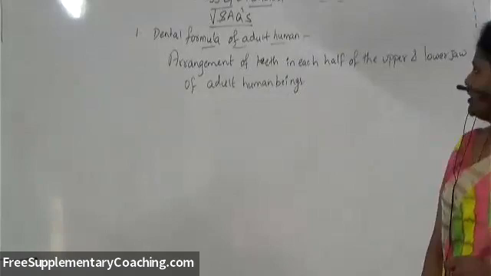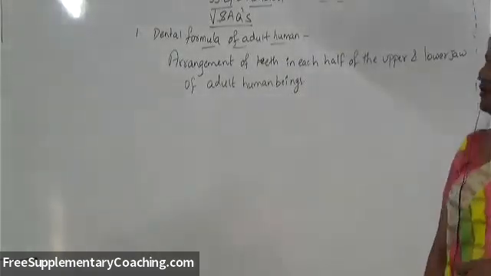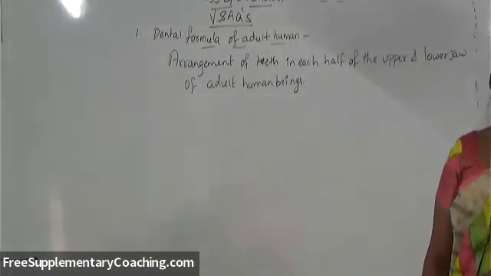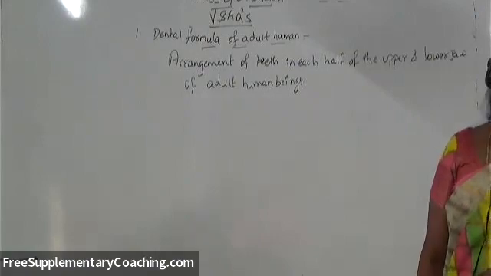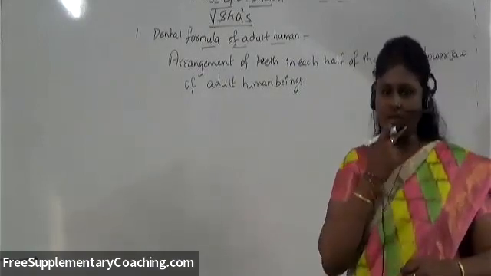The arrangement of teeth in each half of the upper and lower jaw of adult human beings is called the dental formula. This is our upper jaw and this is our lower jaw.